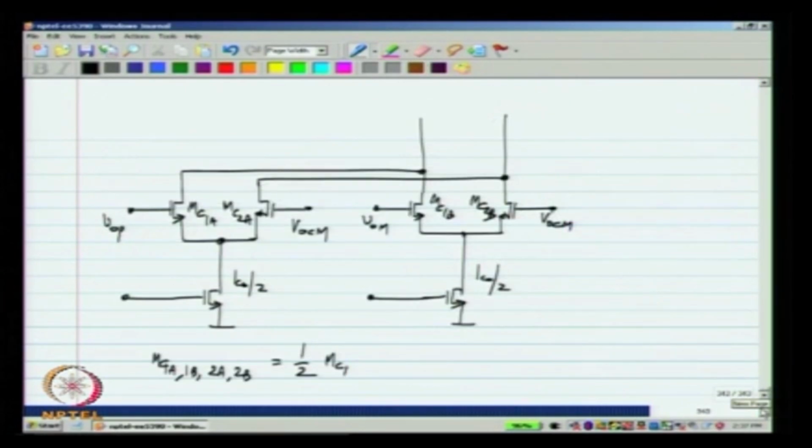Okay. So, we have half the current of before and half the device size as before. When I say half of MC1, half the width. Okay. So, the GM of these transistors is GMC1 by 2. Okay.